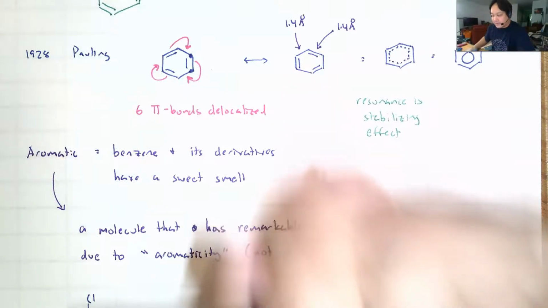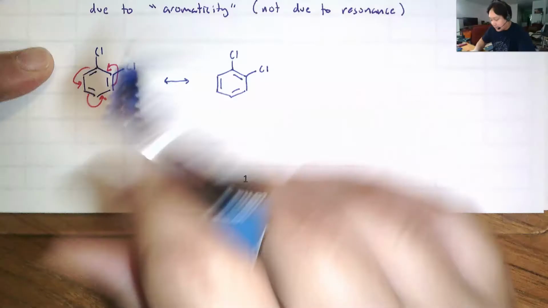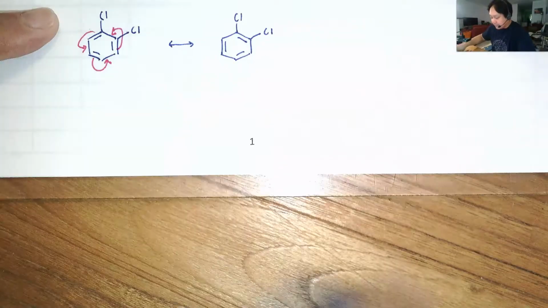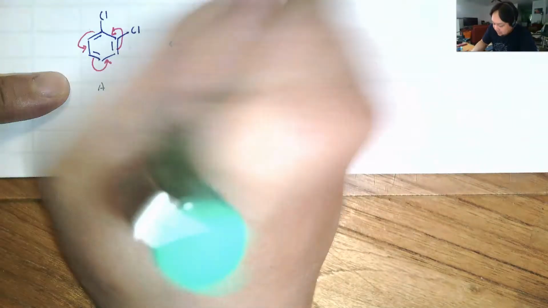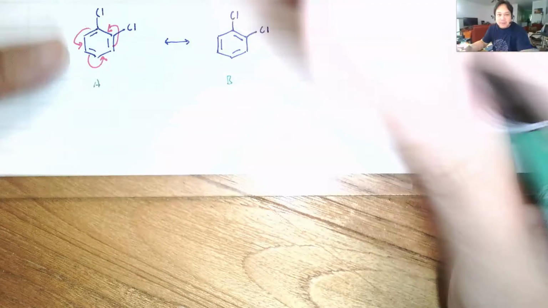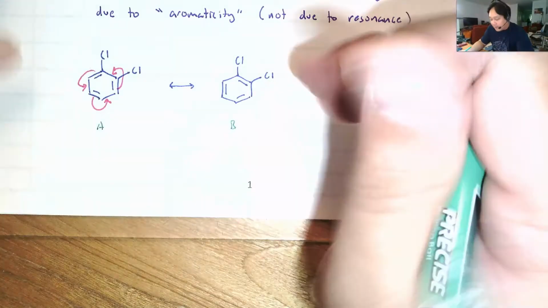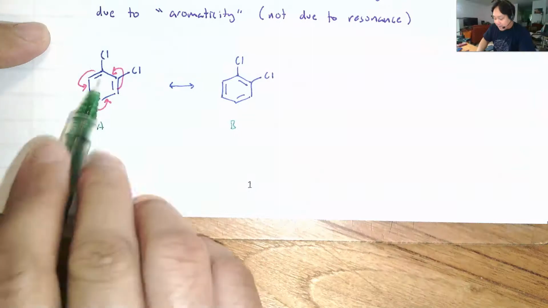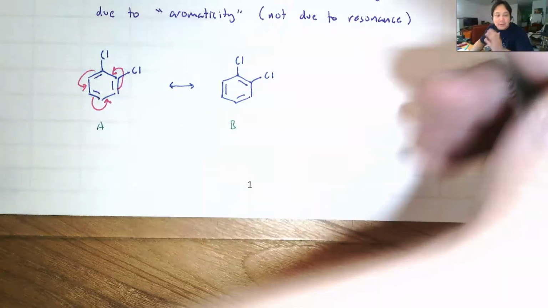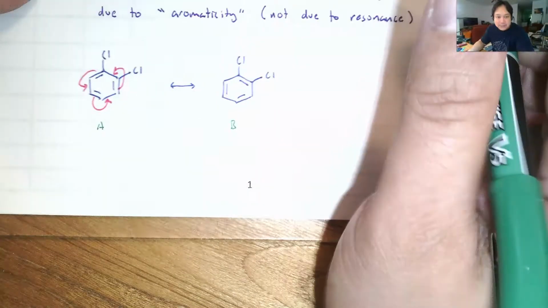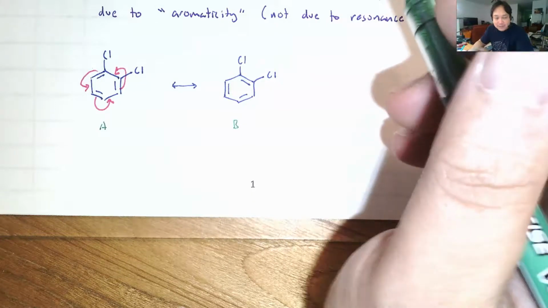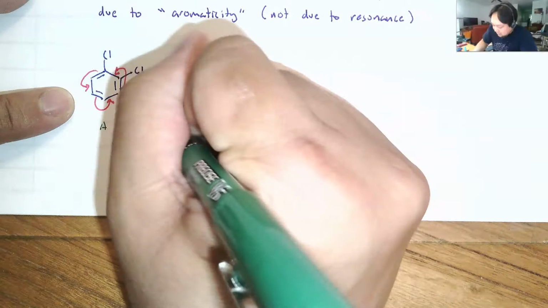Okay, so I know that's a little bit subtle, but I think this will help clarify some things. This is molecule A and molecule B. Now, just by looking at them, they look different, right? We have a single bond here and we have a double bond here. You would know these as constitutional isomers. But because of resonance, these are actually identical.